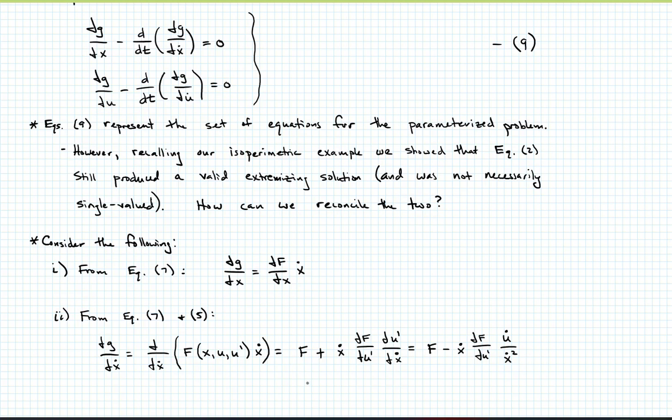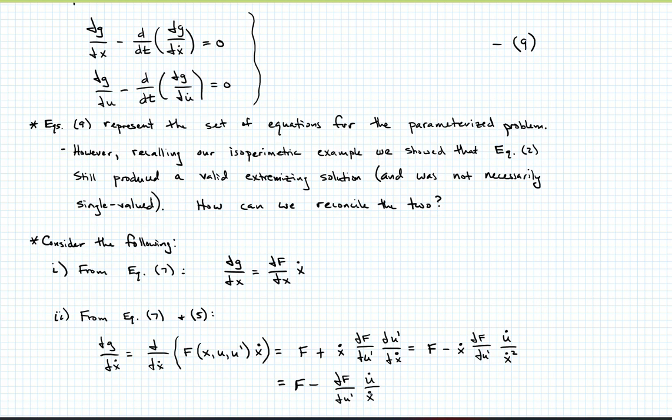So let's continue on simplifying. This now becomes f. I'm going to multiply x dot times 1 over x dot squared to end up with f minus the partial of f with respect to u prime times u dot over x dot.